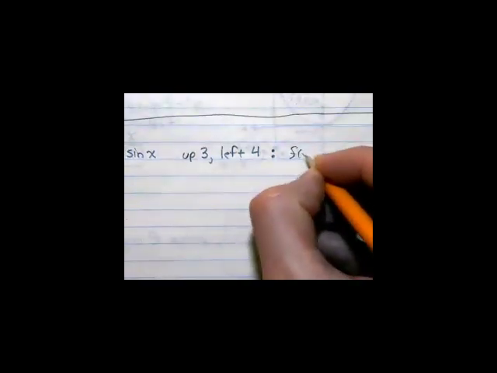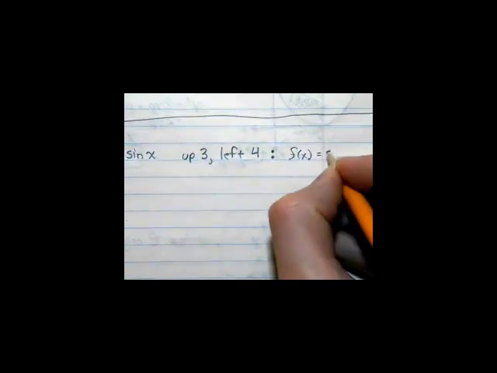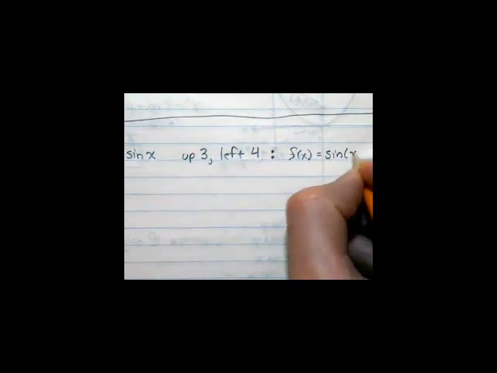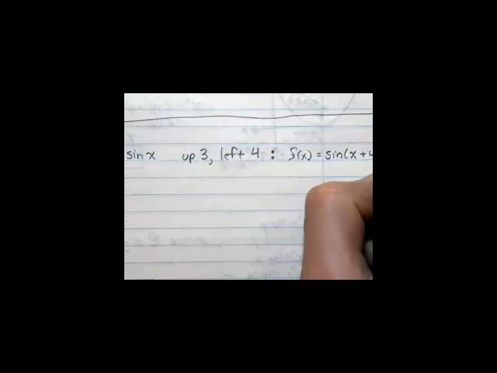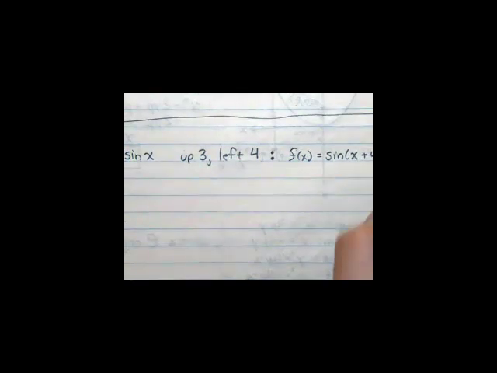How would that equation change? When we did transformations of functions, how did we achieve that? Moving it up 3, left 4. So it'd be sine of x plus 4, and then plus 3.